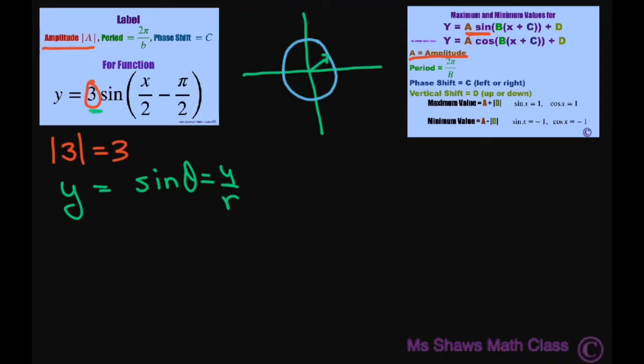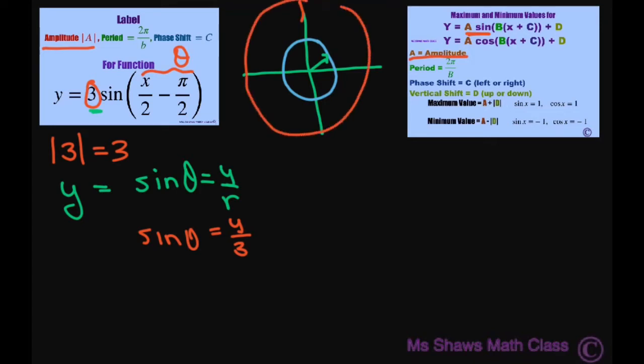When you have this 3 in front, really what we're saying is sine of theta, and I'm just going to let this part here be theta for now, equals y divided by 3. And then your radius here would be a lot bigger. It's like a vertical stretch. And you cross multiply, you get y equals 3.